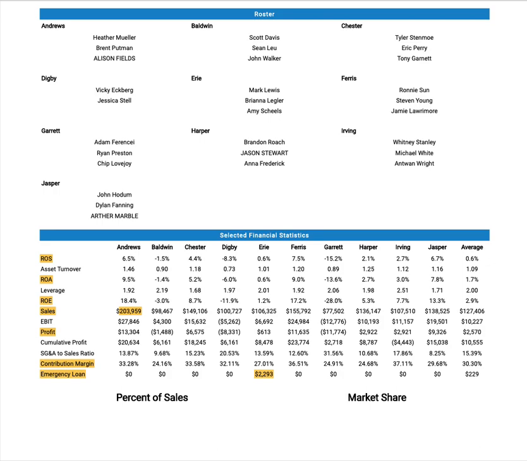There are a few typical problems that cause a team to run into an emergency loan. First is excessive inventory, and about 70% of the teams who run into an emergency loan belong to this group. If there is excessive inventory, then you have to pay more to store the inventory. It's an extra cost.